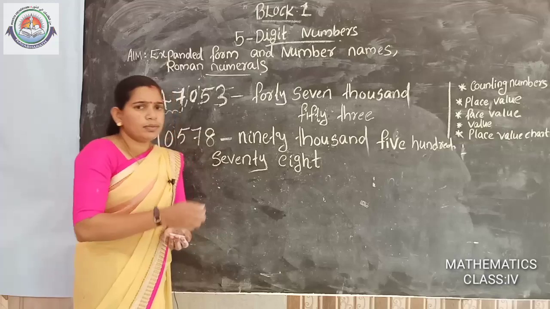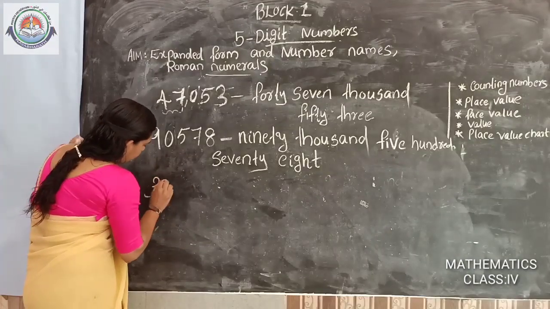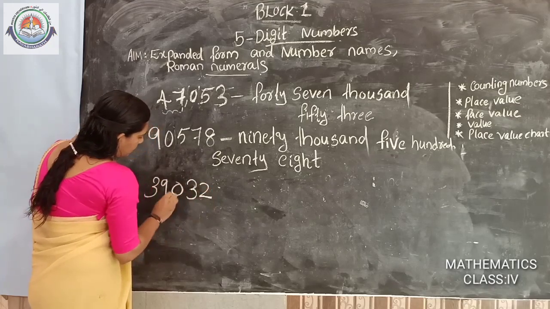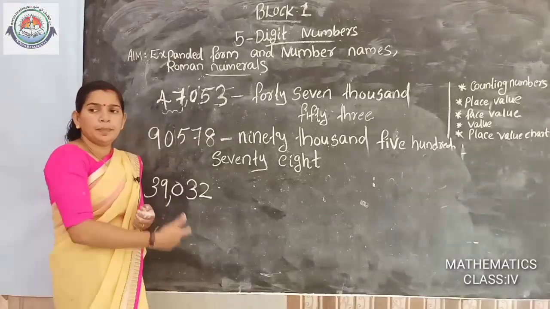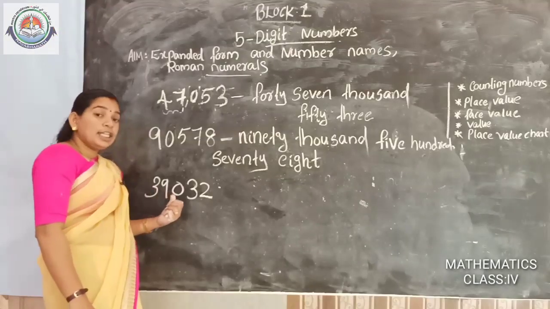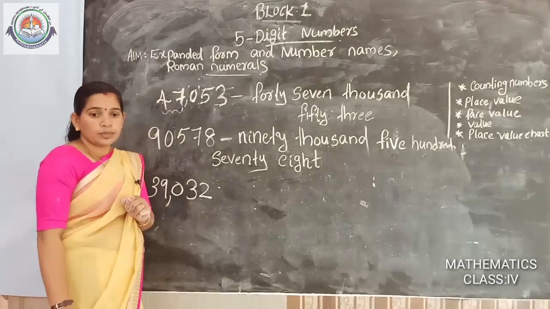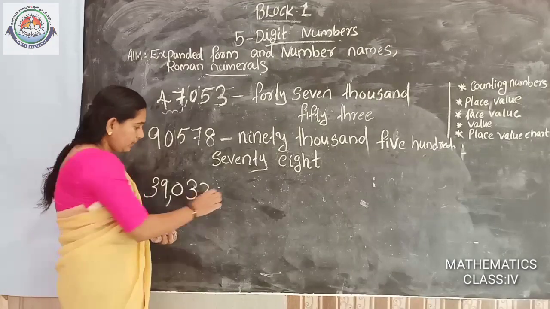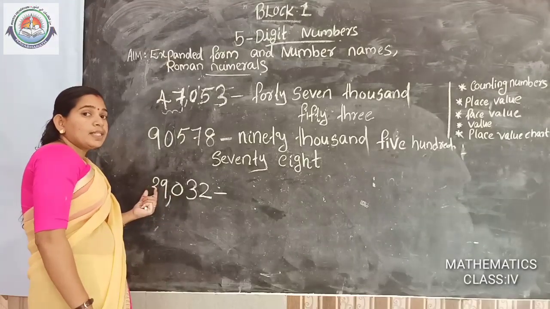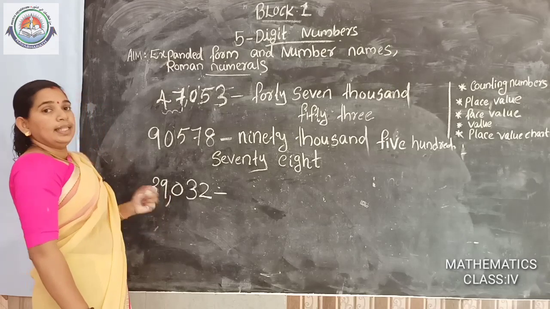Okay, you do one more problem along with me. You try to do this problem: 39032. Can you say the answer? 3 is in the 10,000 place and 9 in the place of 1000, so we write 39,000.